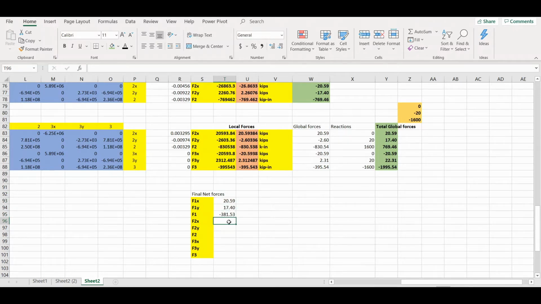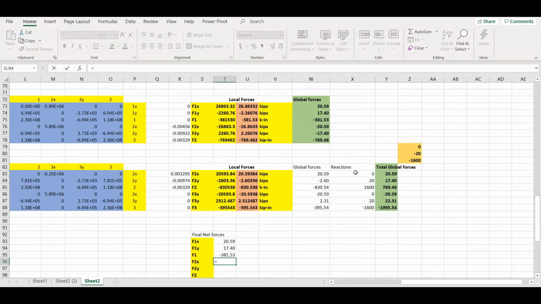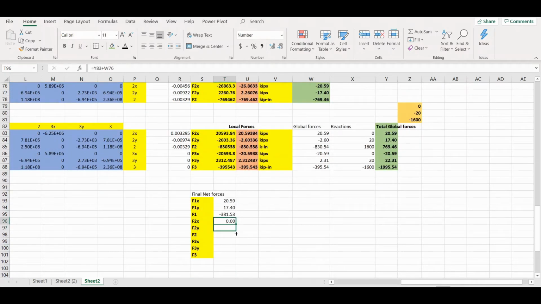Now for this one, it will be a summation of this and this. So if you add these two values up, it should be equal to 0. Yes, see, these three are 0 because we don't have any reactions occurring there, so it should be 0. That's okay. And for F3, it will be equal to these values here.